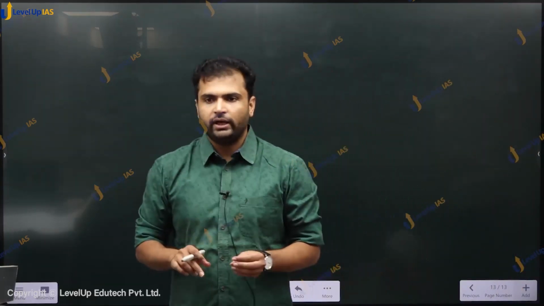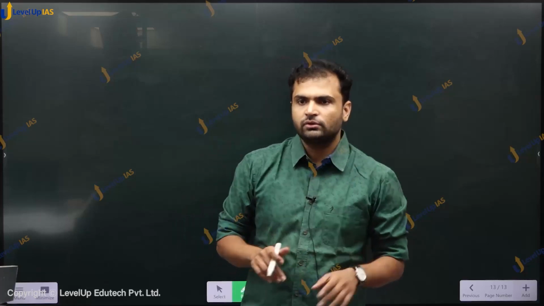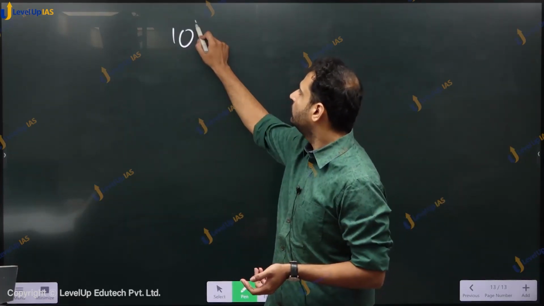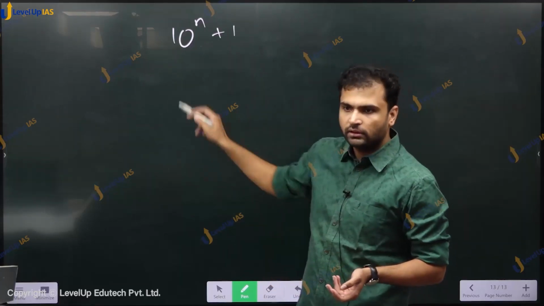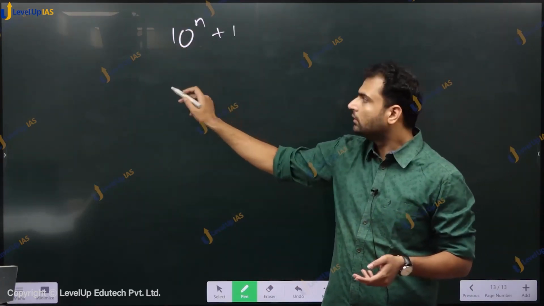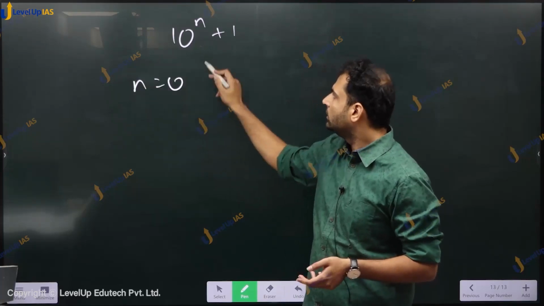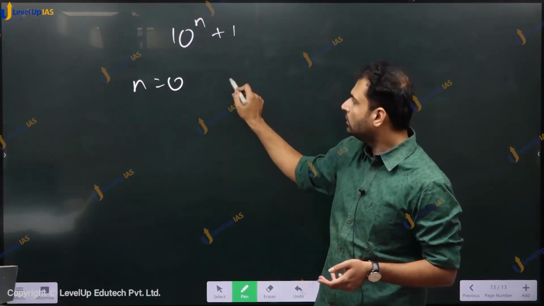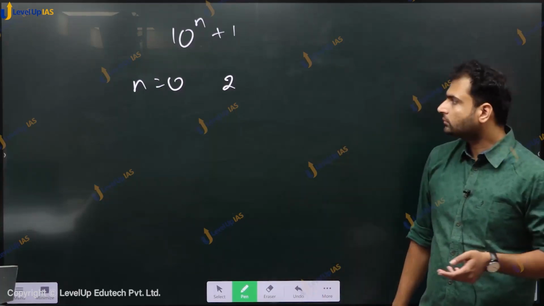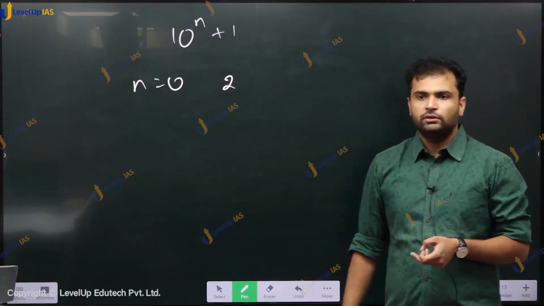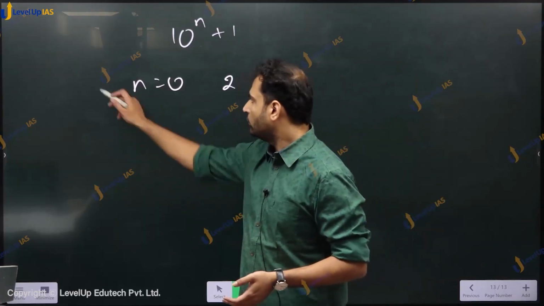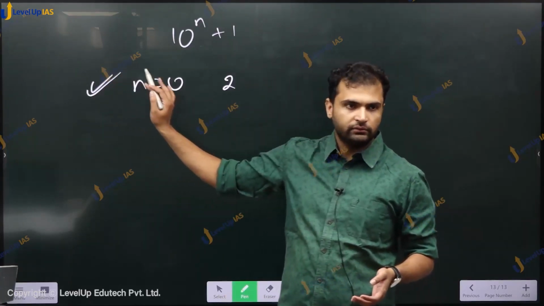What are the options? One is 0, so first we will check if it is true for 0. For 0 we have 10 raised to n plus 1, so 10 raised to 0 plus 1. For n equal to 0 it is 1 plus 1, so 2. What is the sum of the digits? 2. For n equal to 0 it is valid.